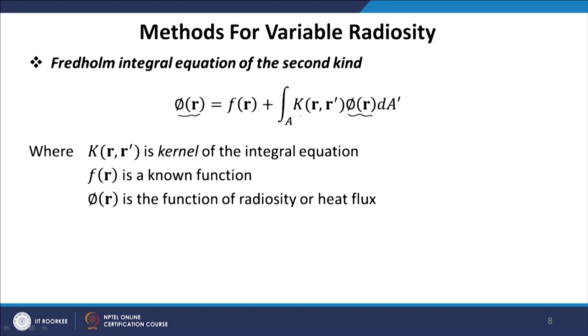The k appearing in this equation is called the kernel function, the f is a known function, and phi r is the function that we want to evaluate. It could be radiosity, it could be heat flux. So, this Fredholm equation we need to solve if we want to find out the exact distribution of heat flux over the enclosure.